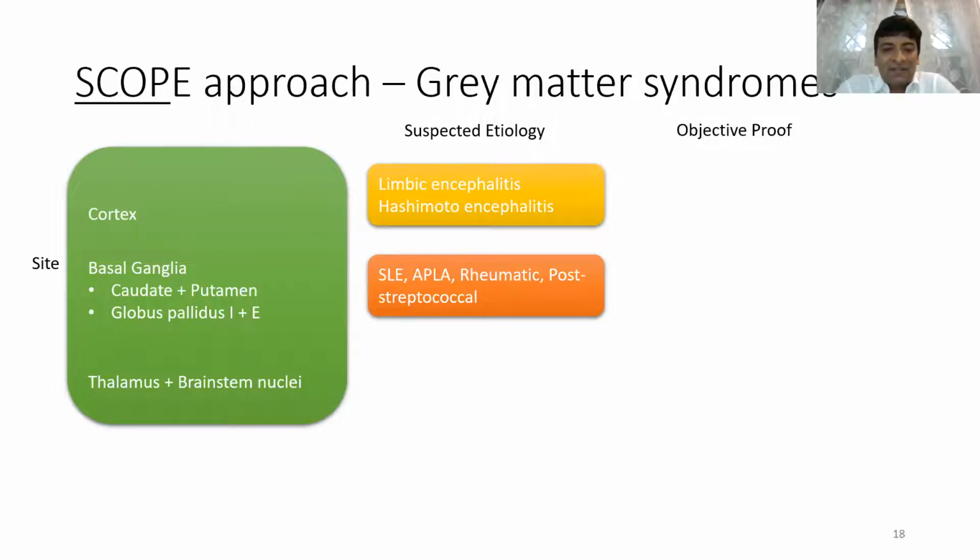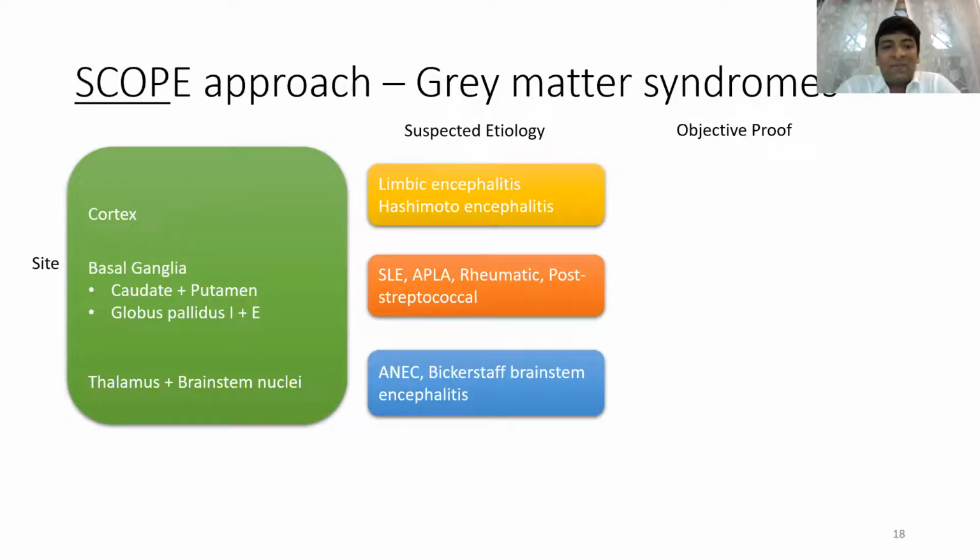Some typical examples are lupus or antiphospholipid antibody syndrome itself, rheumatic chorea, the Sydenham's chorea, and post-streptococcal chorea, especially in children, what was previously known as PANDAS, pediatric autoimmune neuropsychiatric disorders.